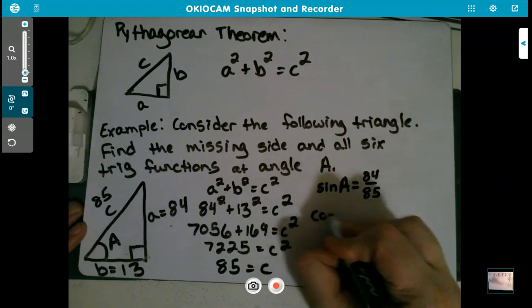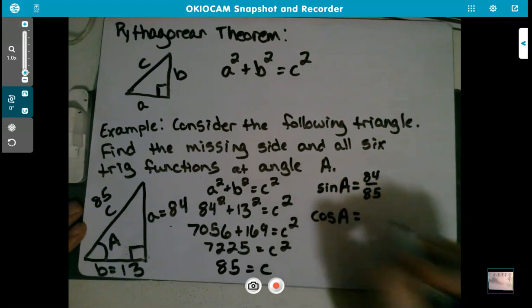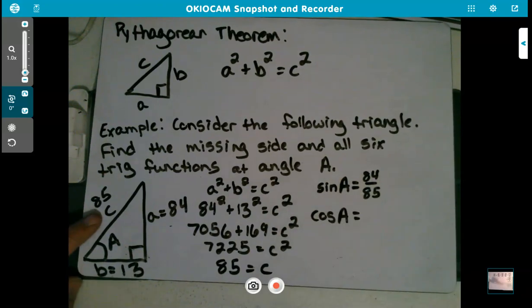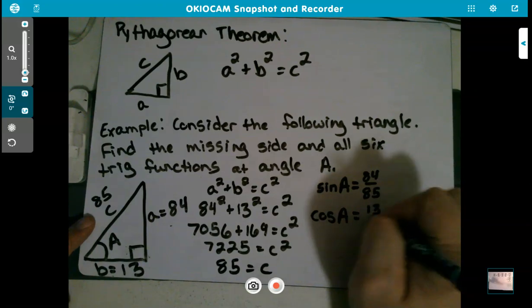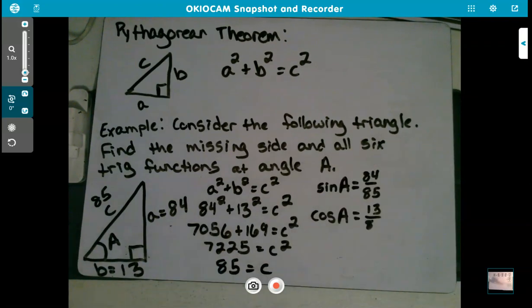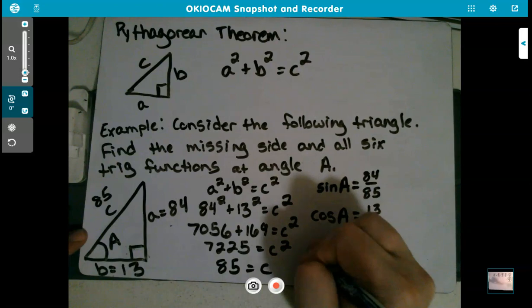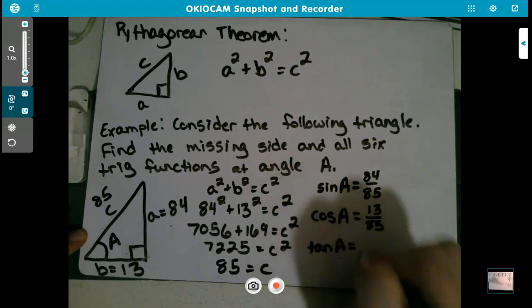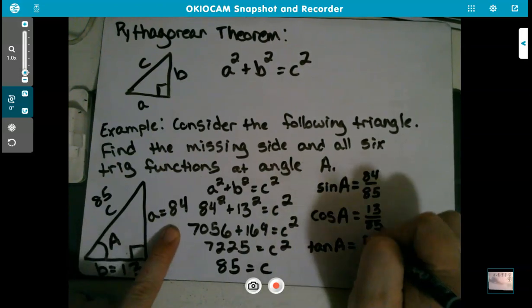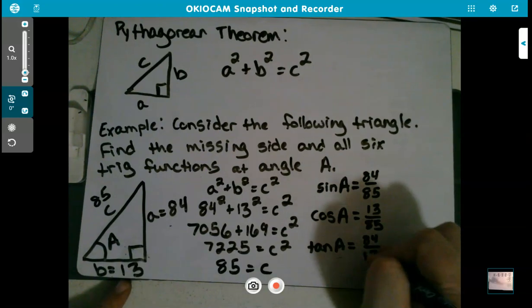We said cosine is equal to adjacent over hypotenuse. The adjacent is 13. The hypotenuse is 85. So sorry, I tried to talk way too fast. So 13 over 85. The tangent we said was opposite over adjacent. Opposite is 84. Adjacent is 13. So 84 over 13.